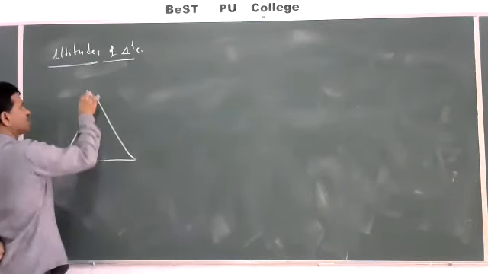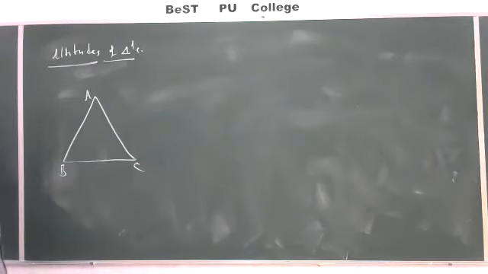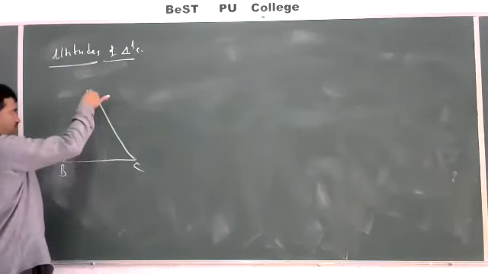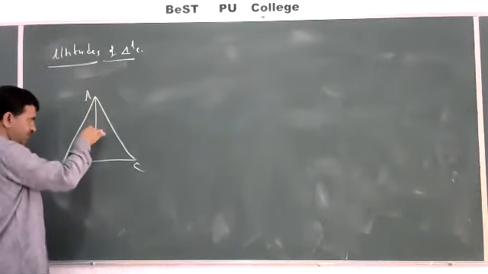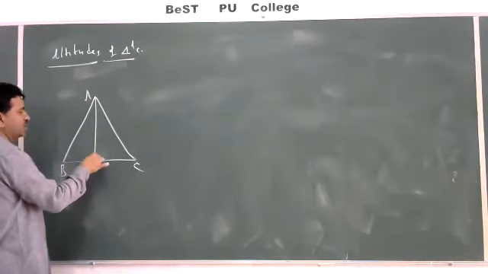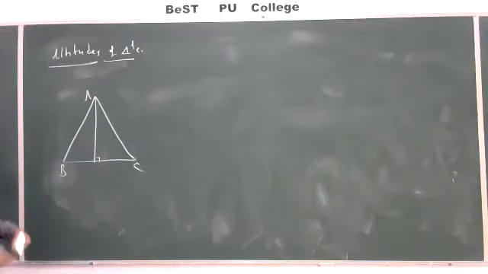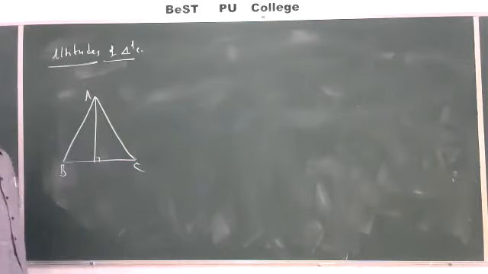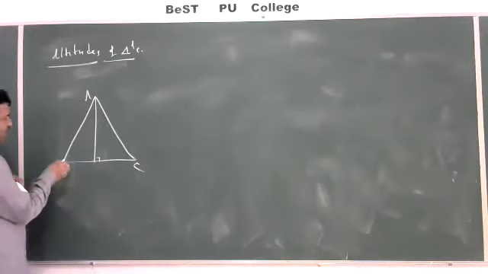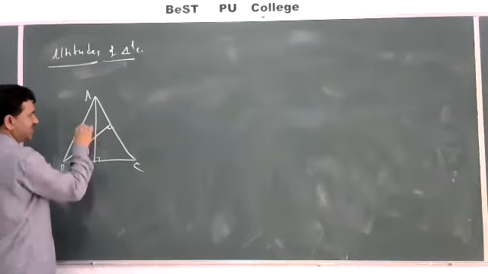How do we define altitude? It is the line segment perpendicular to a side and passing through the opposite vertex. Like this, three altitudes exist in a triangle.